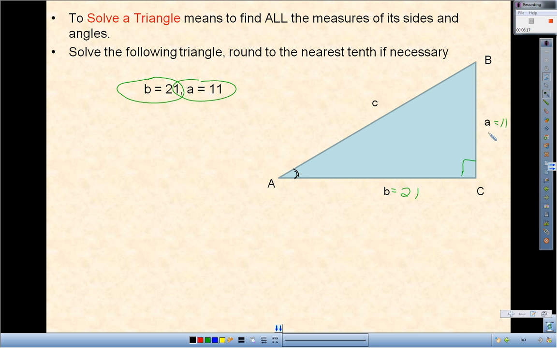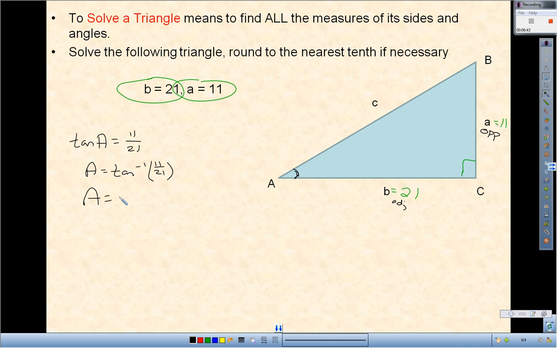From angle A, side A would be opposite, and side B would be adjacent. So I would do tangent of angle A is equal to 11 over 21. Again, to solve for A, I'm going to do the inverse of tan. So I'm going to have tan inverse of 11 over 21.